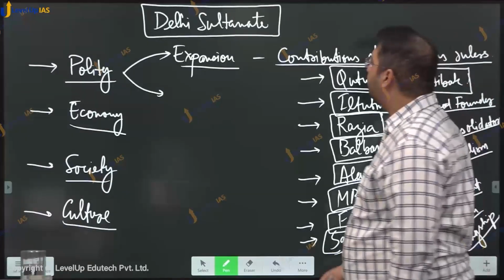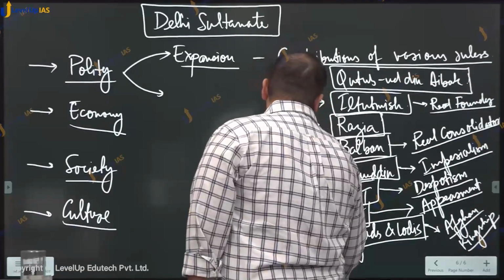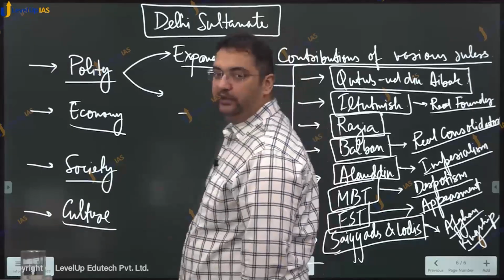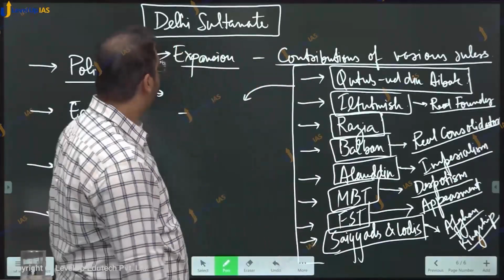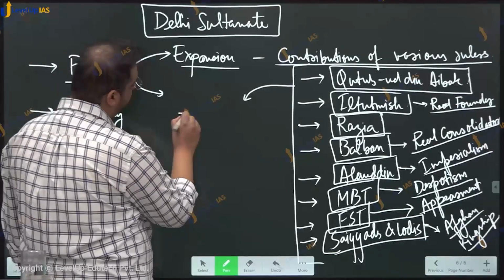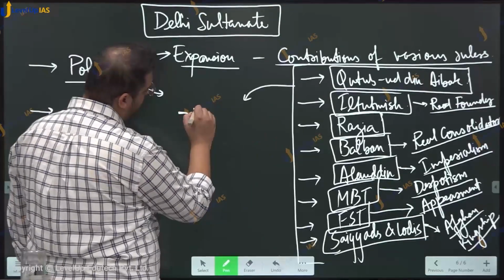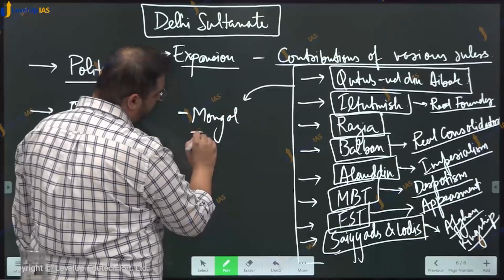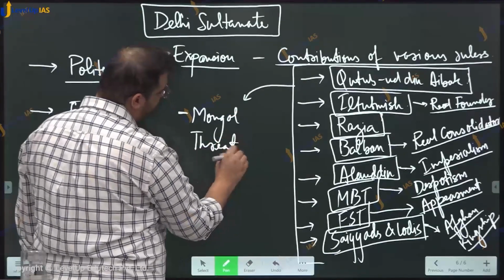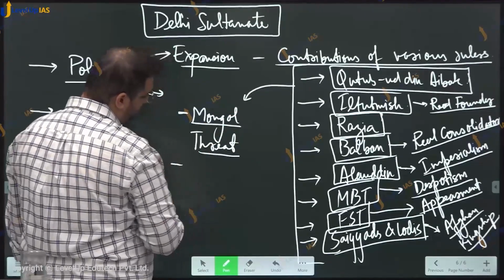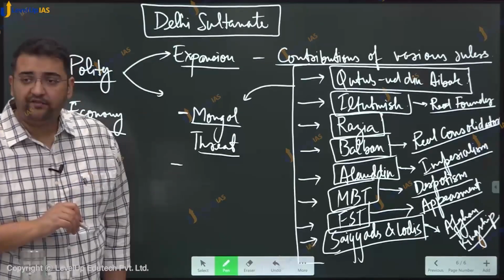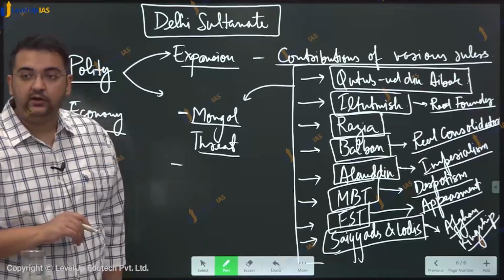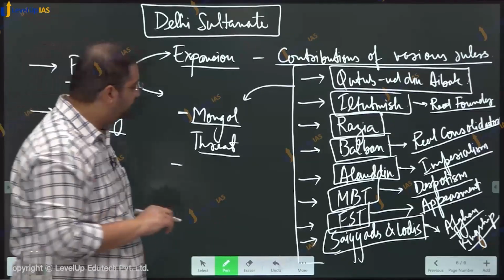Now, while talking about all of these rulers and dynasties, a few things we need to be cognizant of, including the persistent Mongol threat that they had to overcome, the problem of an Islamic state in a majority non-Muslim country, right?